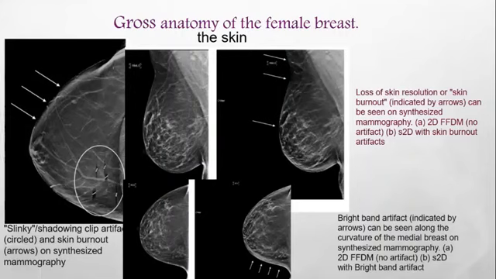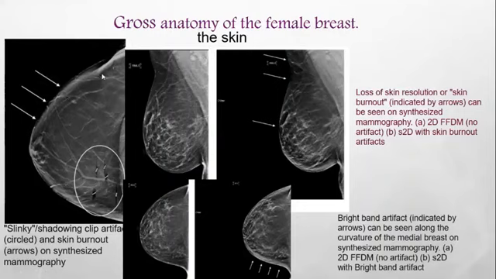From the 3D, they reconstruct a 2D mammography and call it a synthetic mammogram, just to minimize the exposure of the patient. And with these synthetic images, there are many artifacts as seen here.